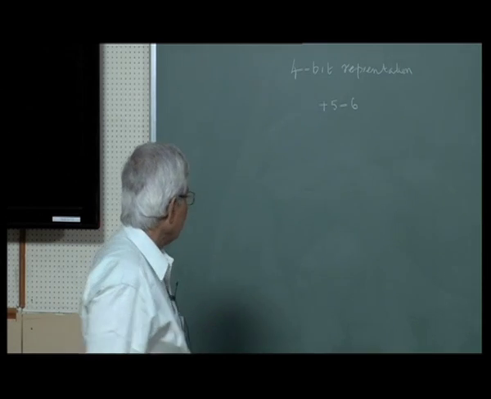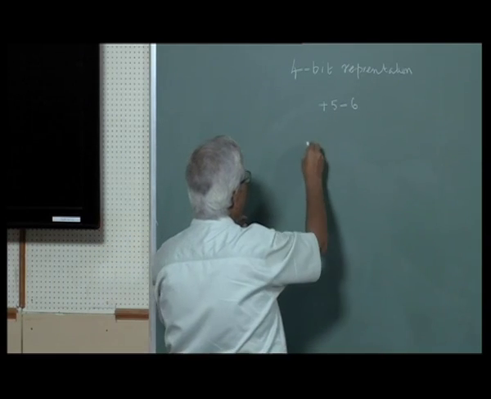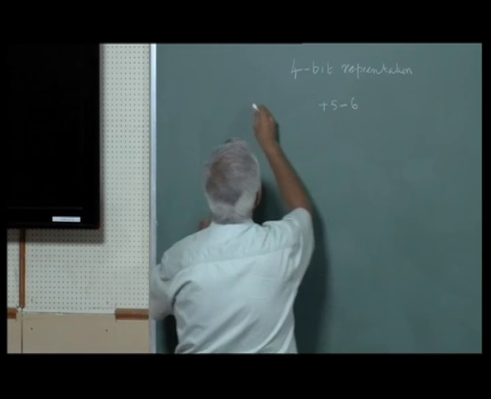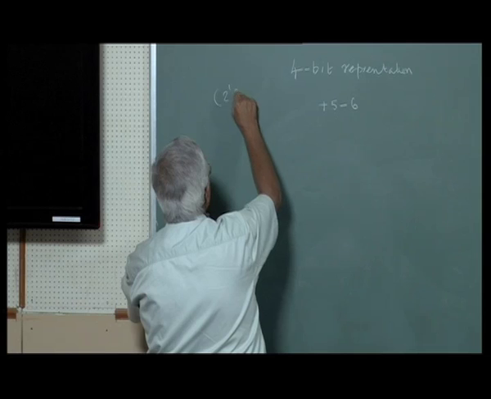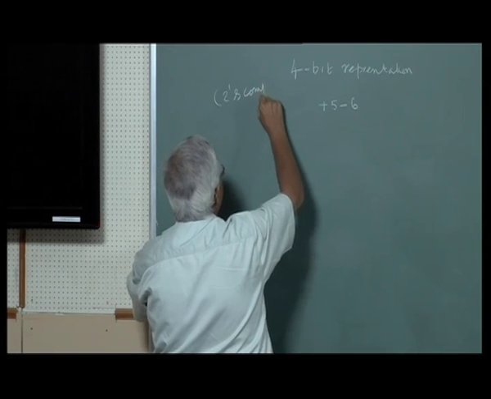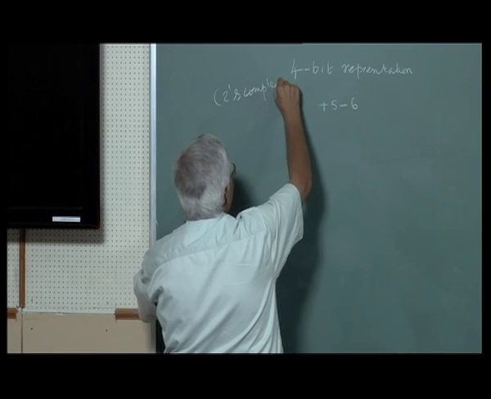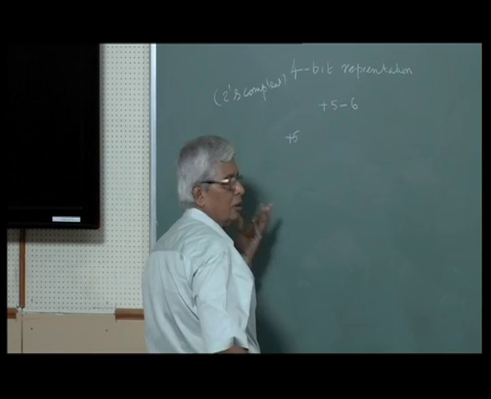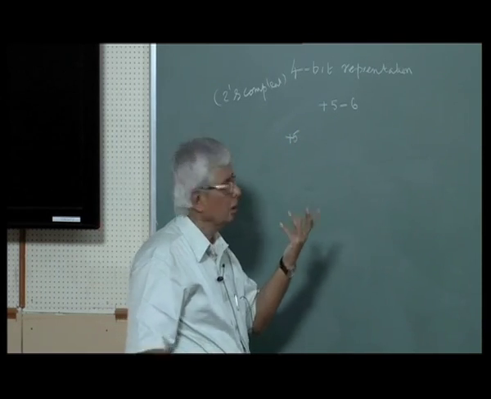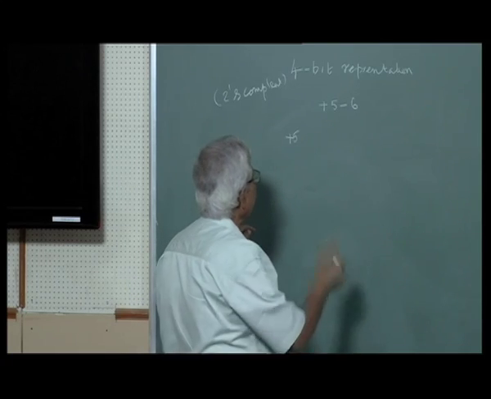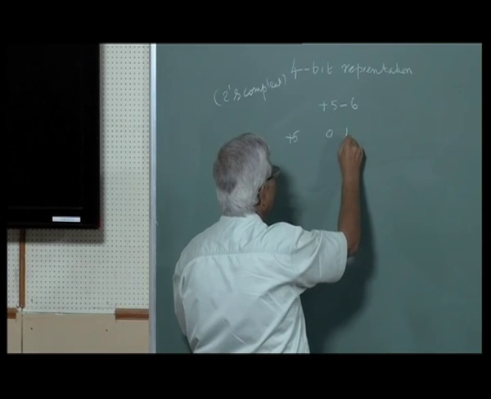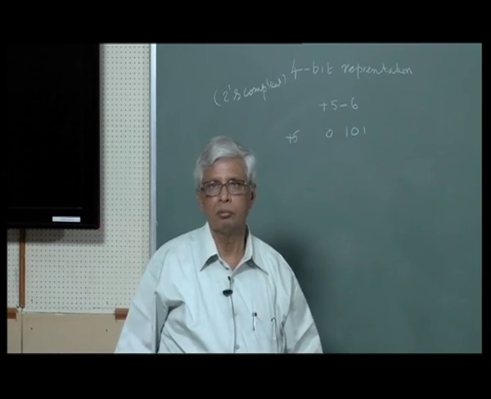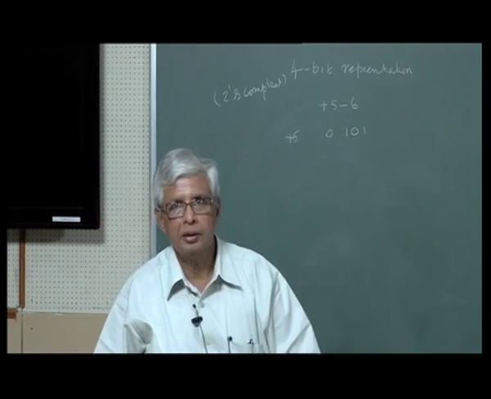Now, what is +5? All in 2's complement. 2's complement subtraction. So +5 in 2's complement: there is nothing to do, it is only a positive number. So it is 0 1 0 1, which is 5. We don't do any conversion.